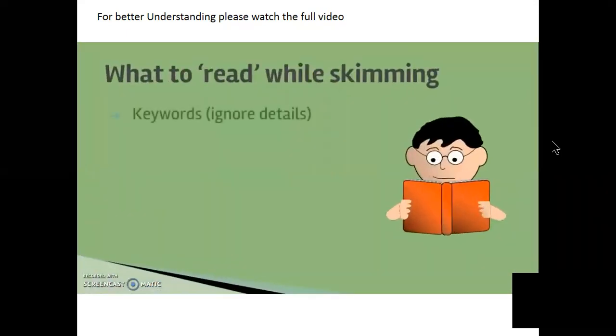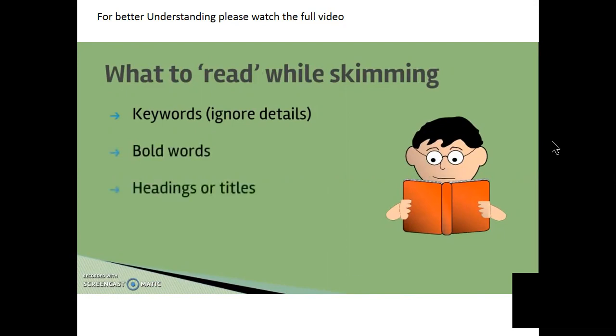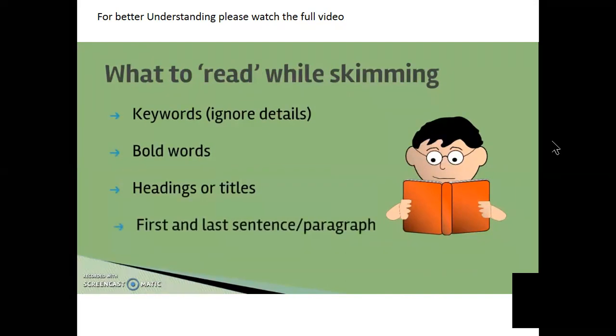When skimming, you are looking for or reading keywords, bold words, headings or titles, and the first and last sentence of a paragraph or the first and last paragraph on a page. That really depends on the length of your text.